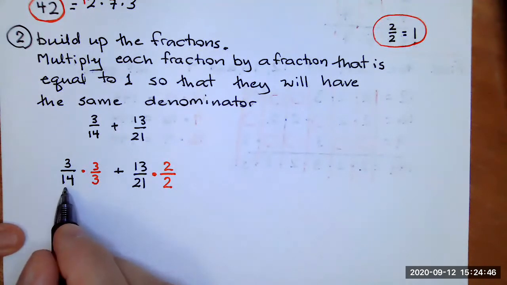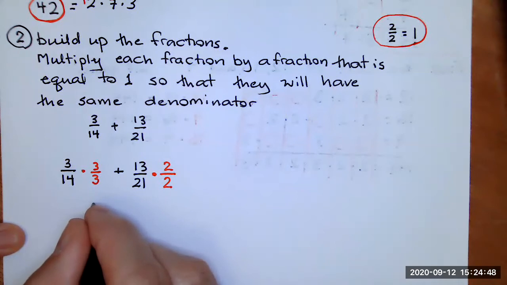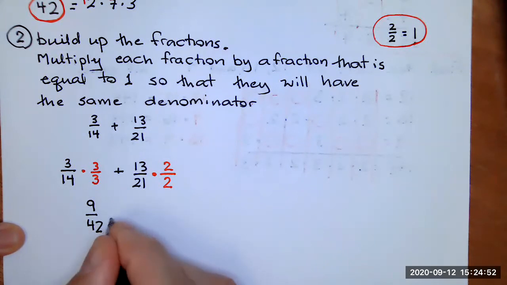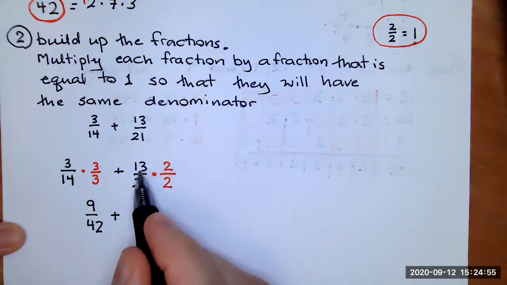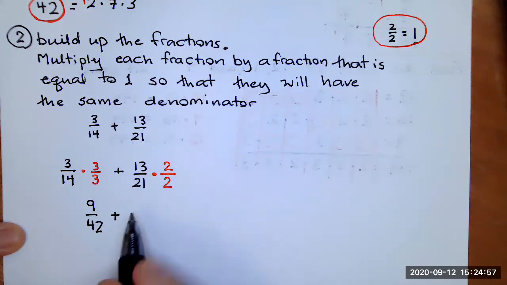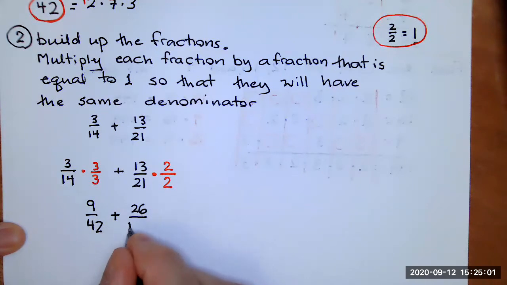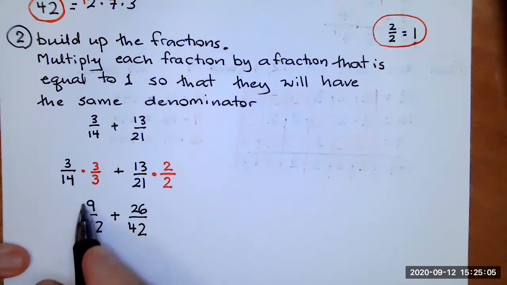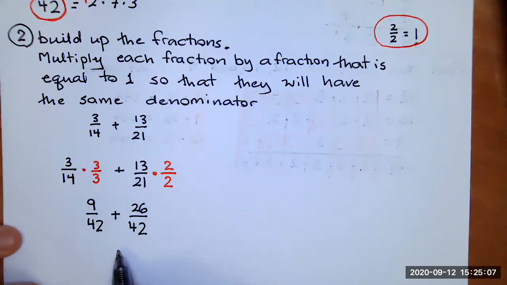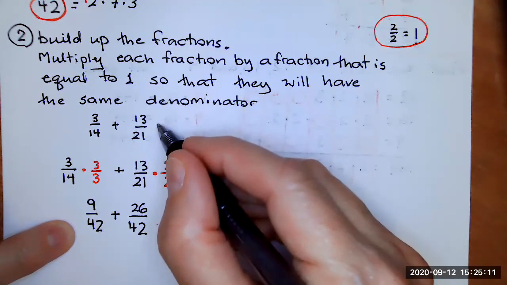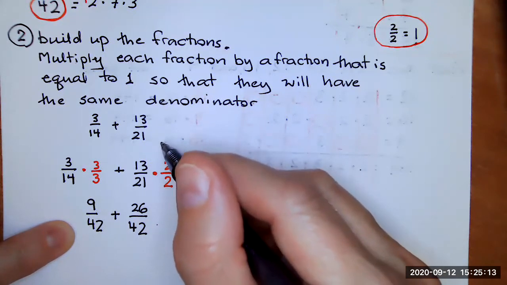So 3 over 14 is equivalent to 9 over 42. 13 over 21 is equivalent to 26 over 42. And you might be tempted to reduce at this point, but if you reduce, you'll be back at the beginning. So only reduce at the very end.